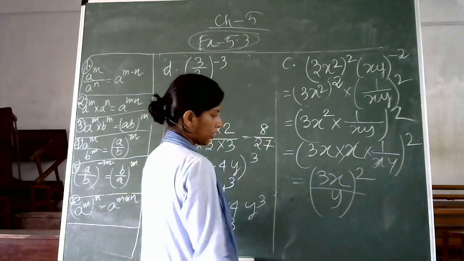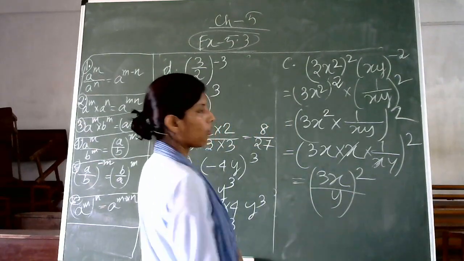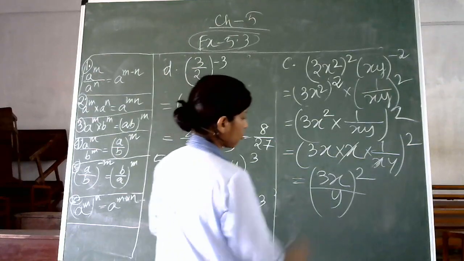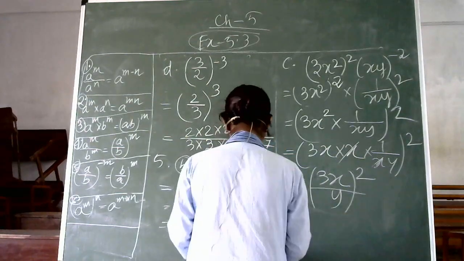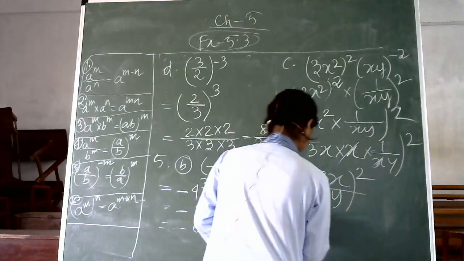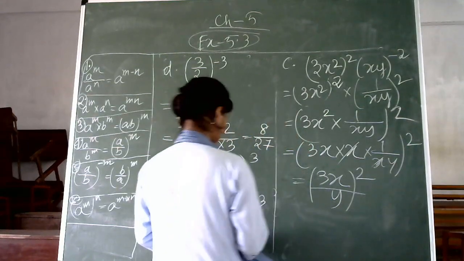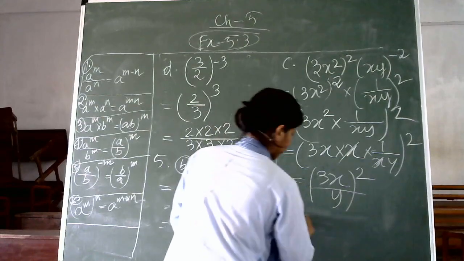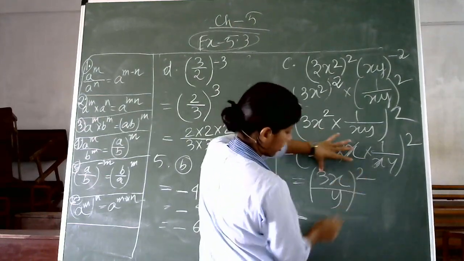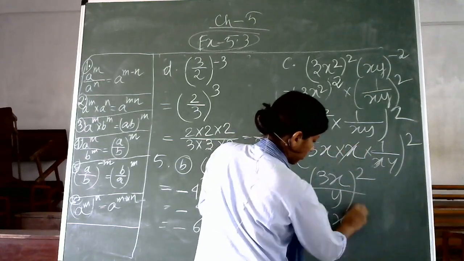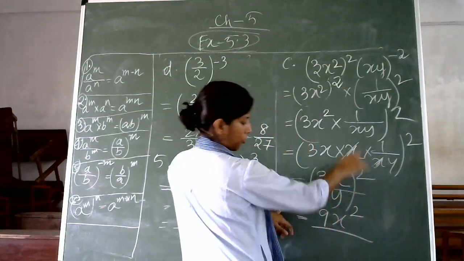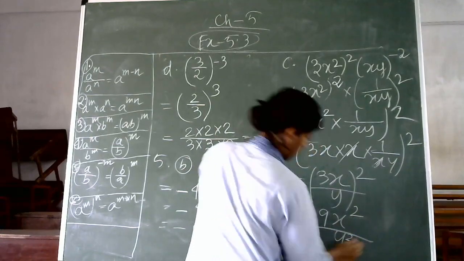I'm left with 3x by y whole square, right? So 3 square again. Now next what I'll be doing is split the bracket. Whatever it is, you split the bracket. 3 square is 9, x square is x square, then y to the power 2 is y square.